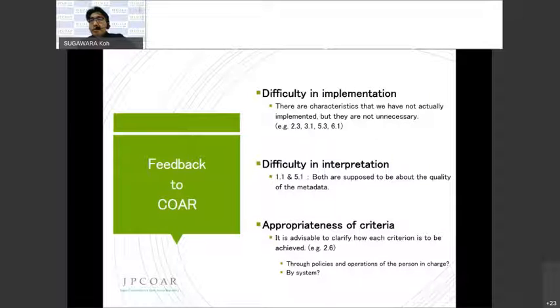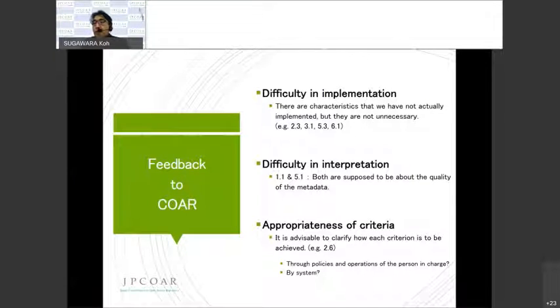On the other hand, let's also look at our feedback on this framework to COAR. There are three perspectives. The first is about whether there are characteristics which are difficult to implement. For example, I mentioned that our university's repository has room for improvement in its disability support and third-party commenting function and so on.